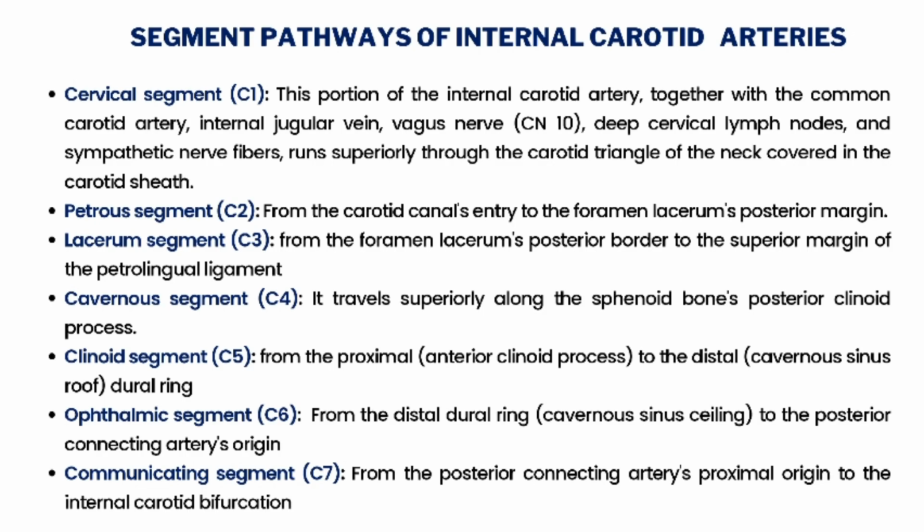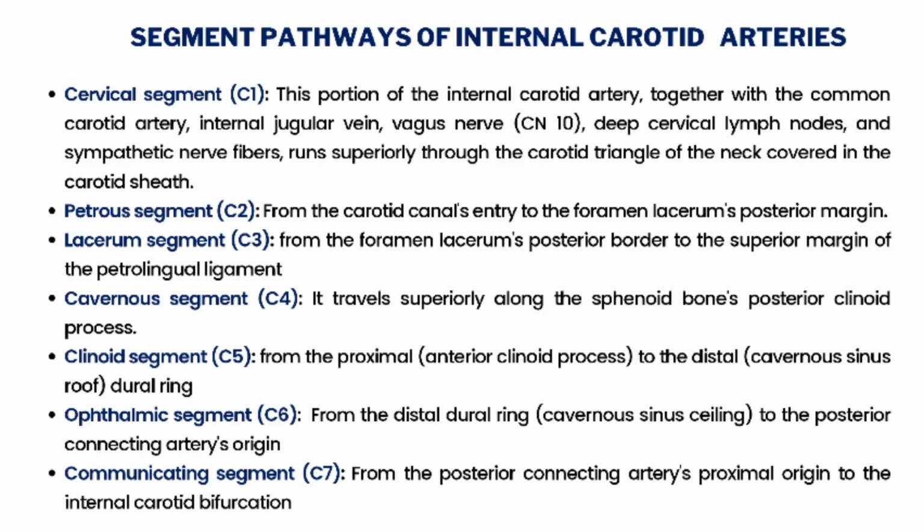The sixth segment is the ophthalmic segment. From the distal dural ring or the cavernous sinus ceiling, it travels parallel and horizontal in an inferolateral position with respect to the optic nerve. The endpoint is at the origin of the posterior communicating artery. Its branches include the ophthalmic artery and the superior hypophyseal trunk.